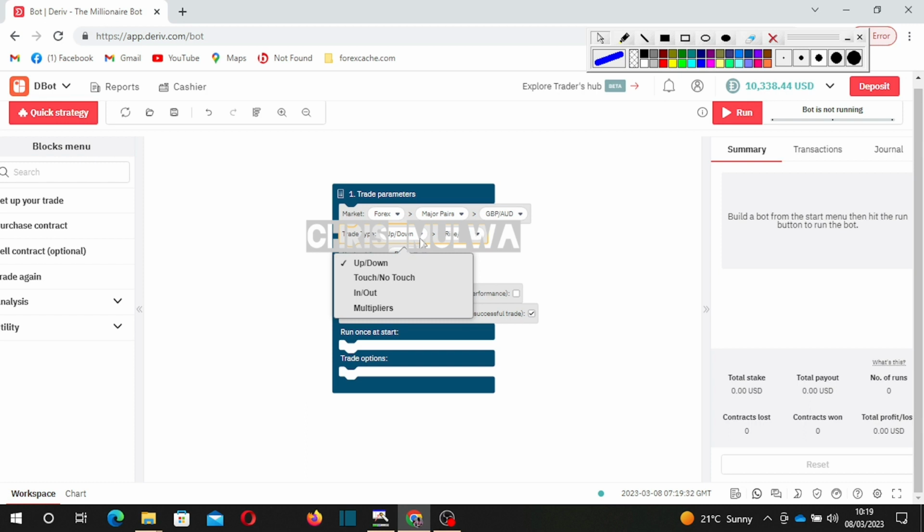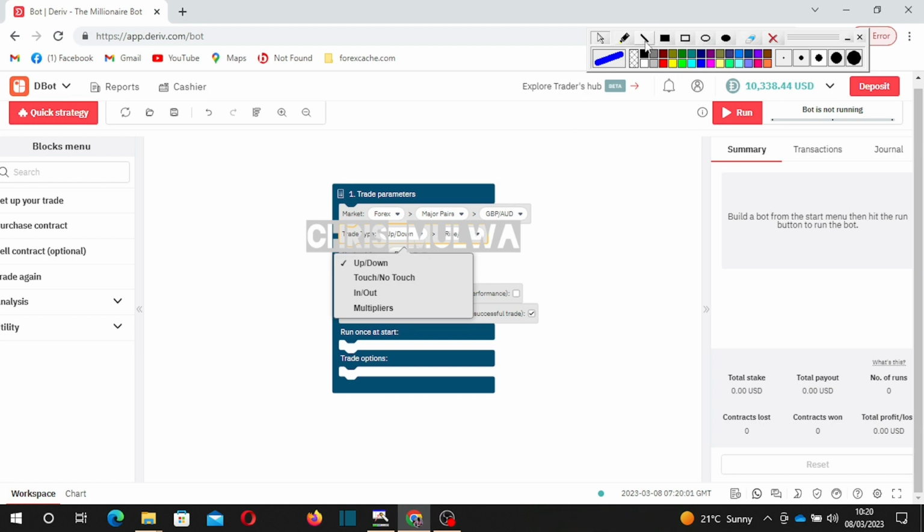It is what you want your order to make, whether it is up and down, touch and no touch. Up and down means that when you say up, so the order that this bot will place, if it is up the market level.